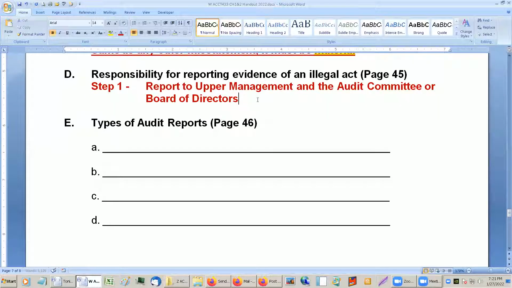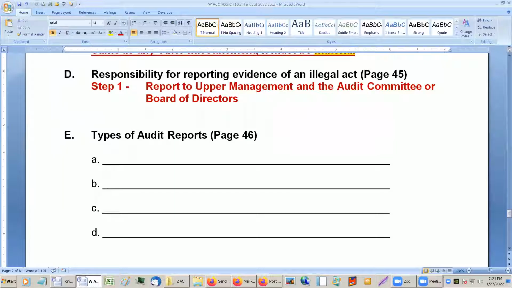So go to upper management and the audit committee or board of directors. If they don't have an audit committee, you go right to the board of directors, for instance, in a privately held company.